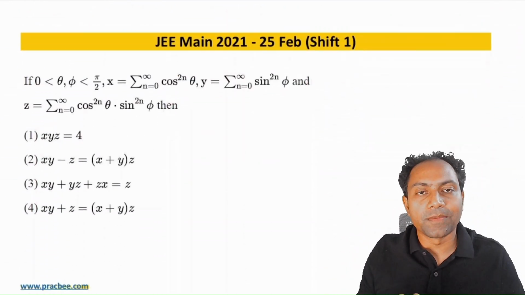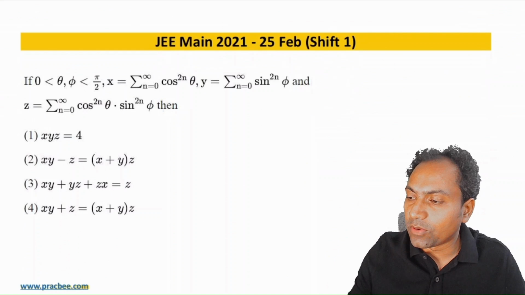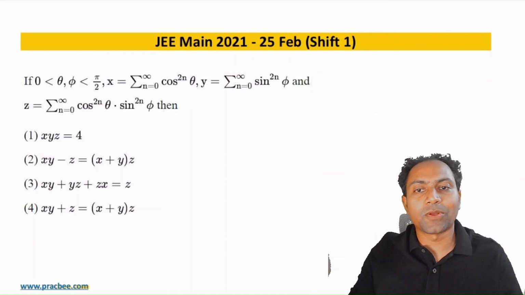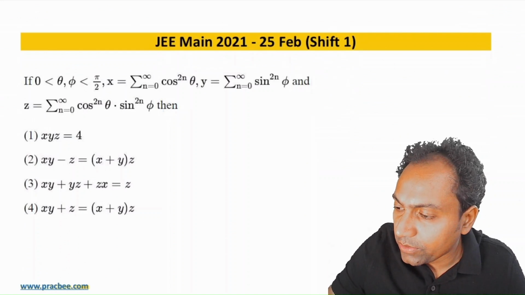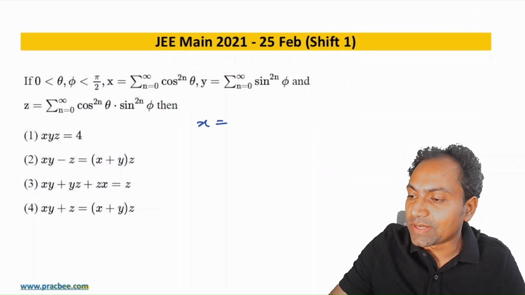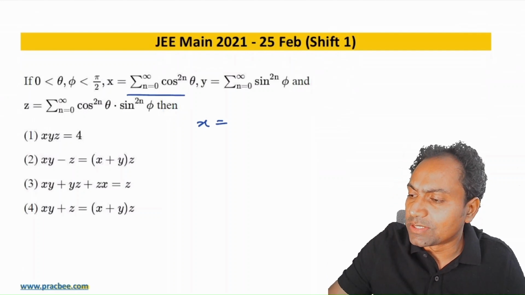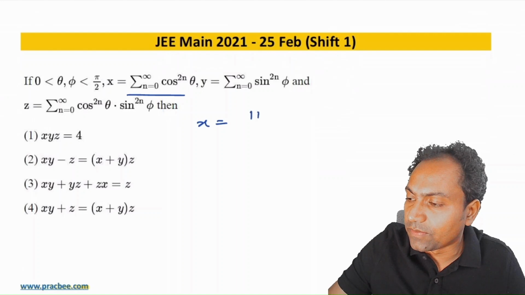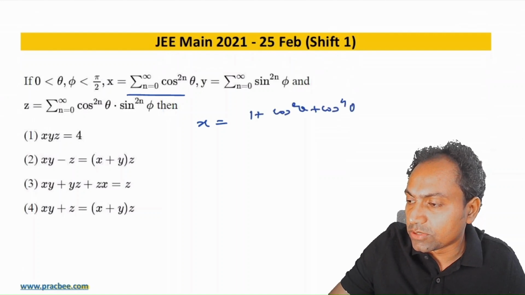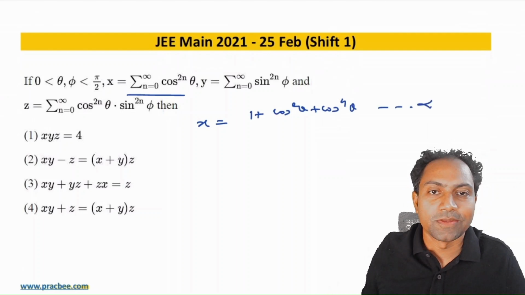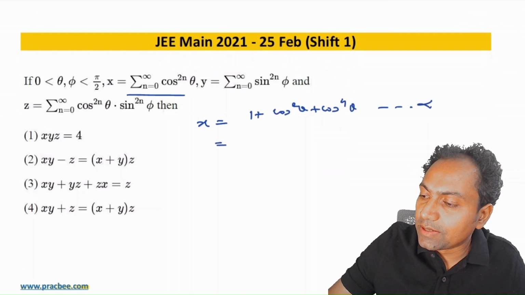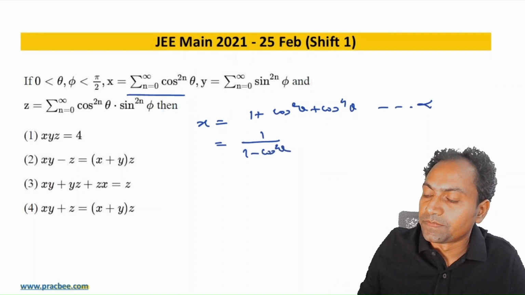In this problem of 2021, they want us to apply this infinite GP formula multiple times. If I want to find the value of x, summation notation is used. This is the series that starts from 1. The second term is nothing but cos square theta. The next term is cos raised to the power 4 theta, till infinity. So the answer will become a upon 1 minus r, that is 1 upon 1 minus cos square theta.